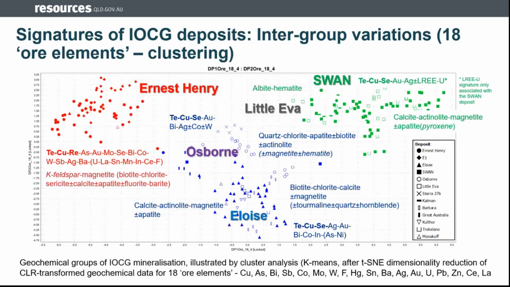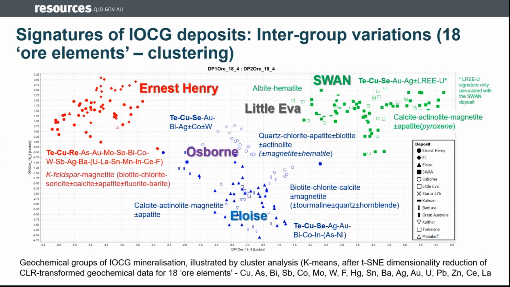And so this is the diagram which I have shown a couple of times, and I'm not going to go through it again. This is a useful illustration that we can group ICG and affiliated deposits in several distinct groups, and they have different geochemical signatures, different mineralogical signatures, and different economic potential so far. So ICG, the Ernest Henry type, is the large one with K-spar magnetite dominant alteration.